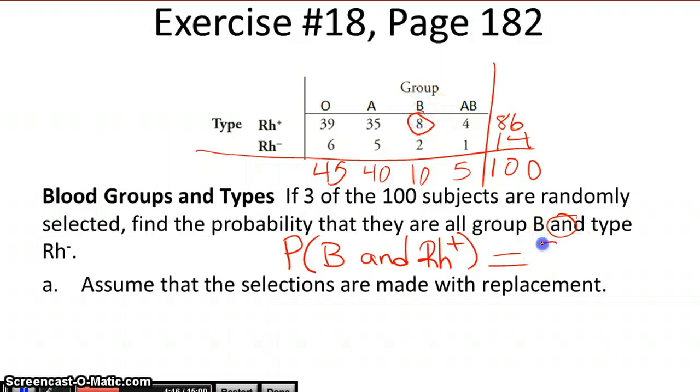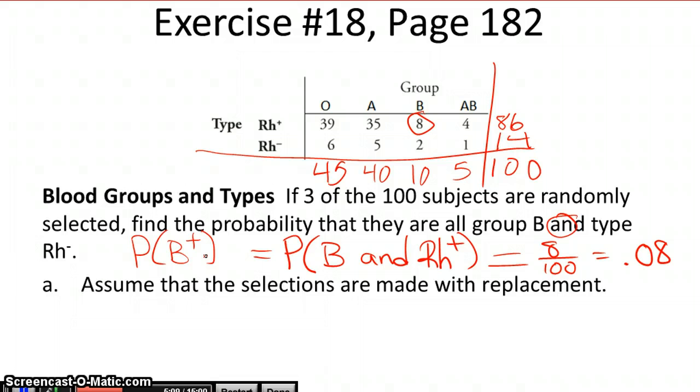That's 8 out of 100 total people, which written as a decimal is 0.08. And from here on out, I'm just going to refer to this as the probability then, instead of B and Rh positive, I'm just going to refer to it as it's more commonly known as B positive blood.